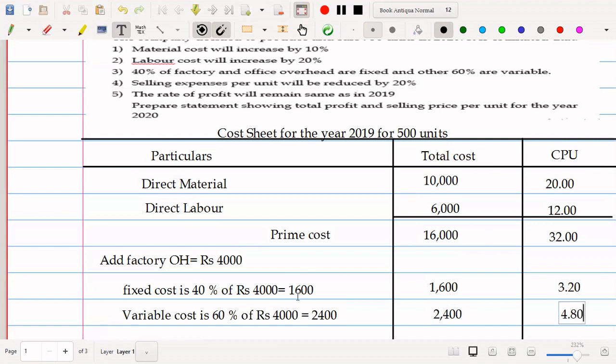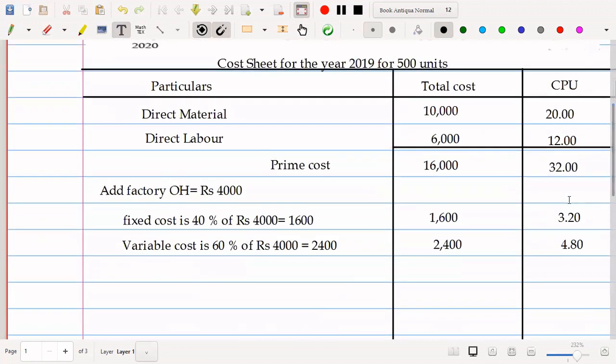In my last problem, I had taken the total amount 4,000 here and I had divided it by 500 and the total was taken on the right side. But this will help you when you solve estimated cost sheet. Directly you can take this amount and this amount in the next column. So in the next sheet you can also do like this.